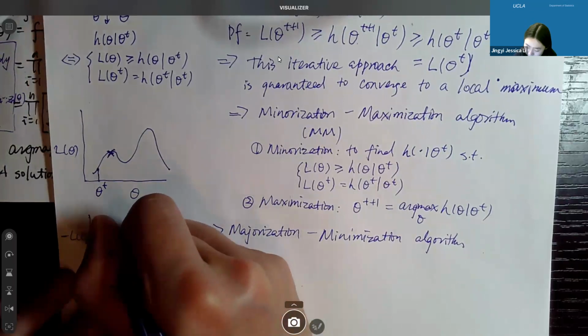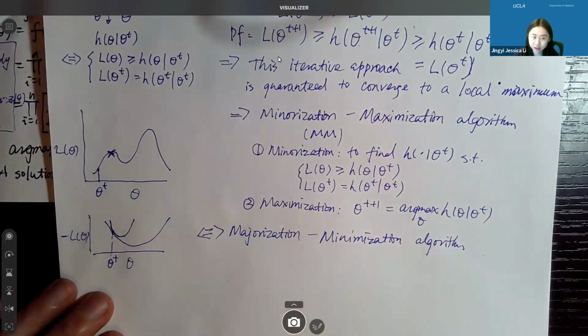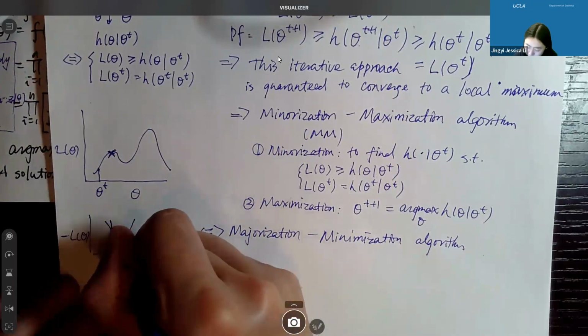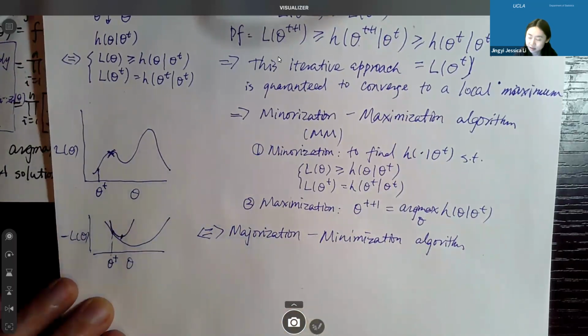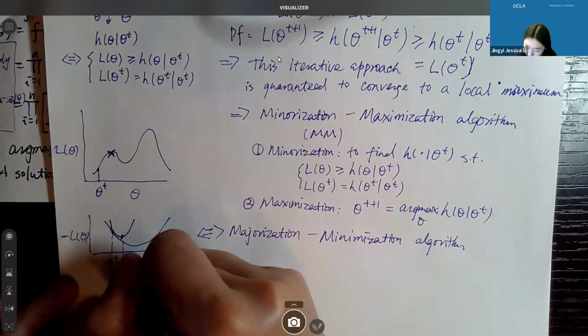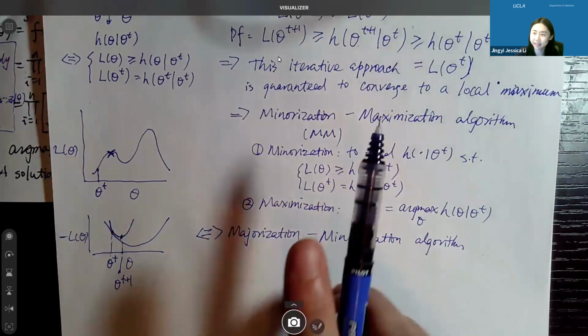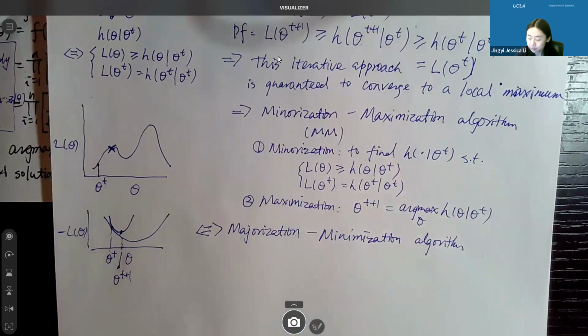So the upper bound may look like this, tangent with the target function at theta t. And then you will move to the minimizer of this upper bound, and you call that theta t plus 1, and you go this step. So it's just reversed, the reverse of the minorization and maximization algorithm, right? So you just need to know one and the other becomes natural.